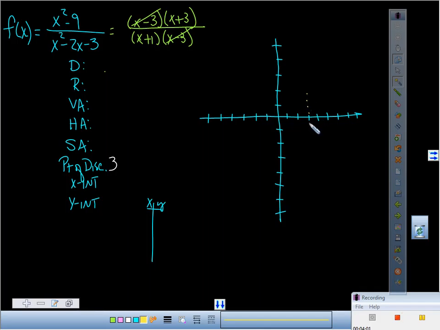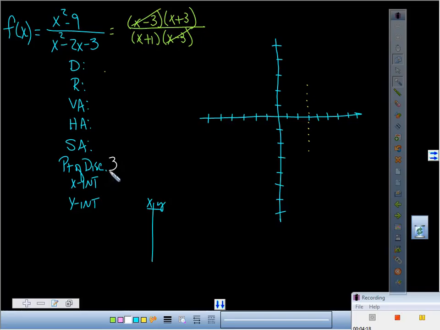I don't know where my graph's going to be at 3, but I'm going to put some dots that will kind of help me remember that wherever it is, you better stop right there and draw a hole in the graph. Okay? Now, do you just write 3 or do we have to write x? I don't want to write x equals 3 because then it looks like a line. So I am just going to write 3. I know it's a point, and we're not going to find the point. You can find the point, but we're not going to.